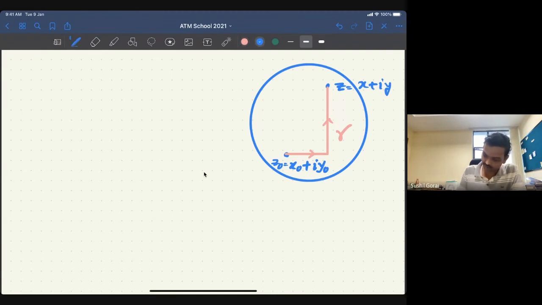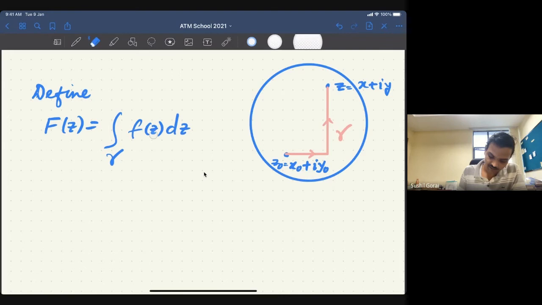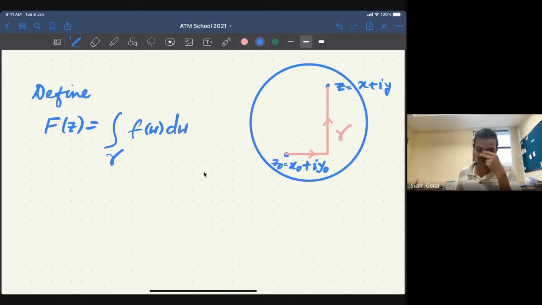So define F(z) to be the integration over gamma of f(w) dw. Now, is it well defined, first of all?